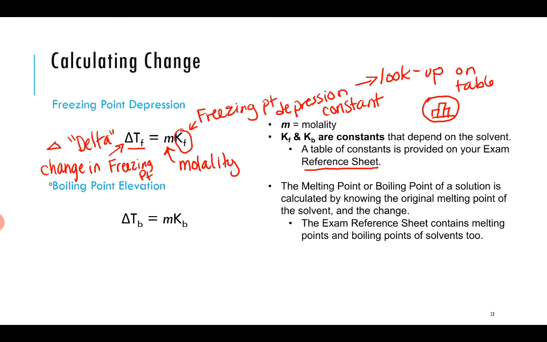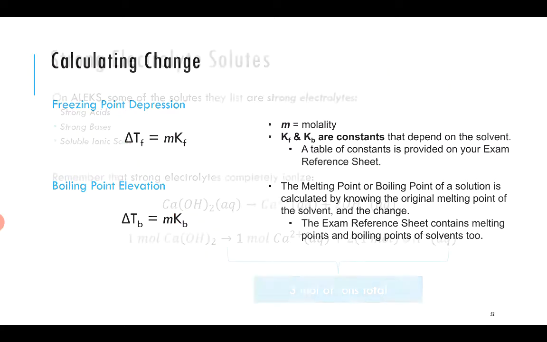Additionally, here is the equation for boiling point elevation, and you can see that it's very similar. The only difference is that this is a K_b now, and so that's a different constant. That is the boiling point elevation constant. But again, you'd look it up and it would be given to you on an exam if you needed one.